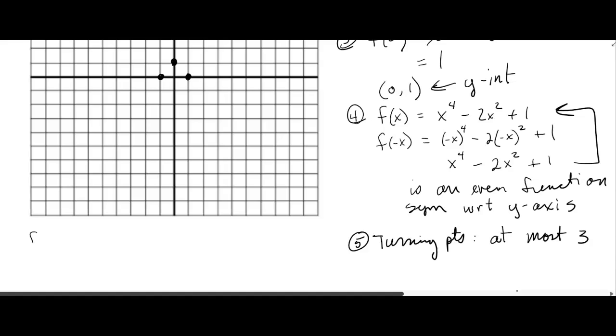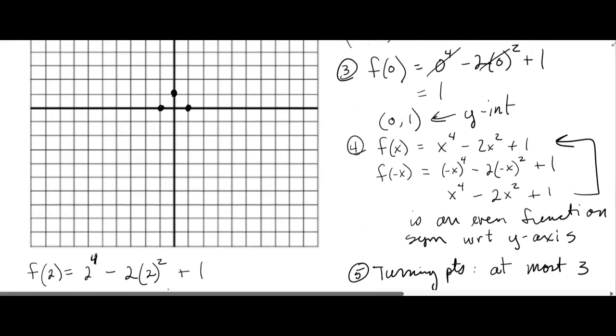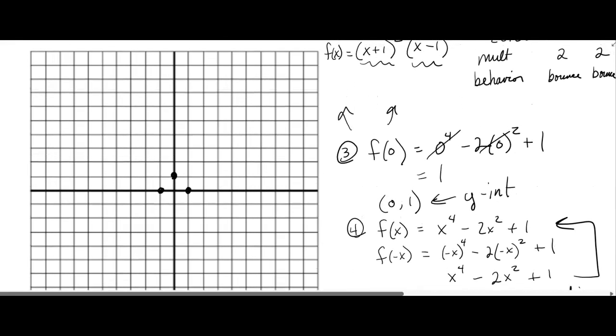So over here, if I wanted to find like f of 2, I already know what f of 1 is, but if I wanted to find f of 2, I would go 2 to the fourth minus 2 times 2 squared plus 1. So that's 16 minus 4 times 2 is 8 plus 1. So I get what, 9? Okay, that's pretty up there on my little piece of graph paper. (2, 9), way up here.